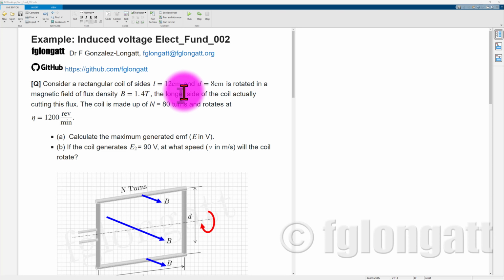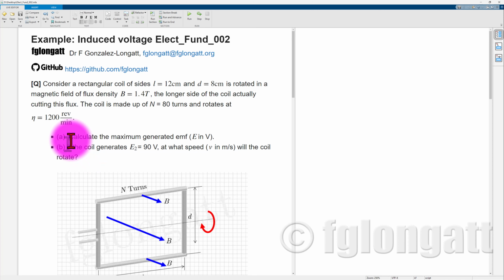The longer side, that means 12 centimeters, of the coil is actually cutting this flux. The coil is made up of 80 turns and rotates at 1200 revolutions per minute. And now we have two very exciting questions.